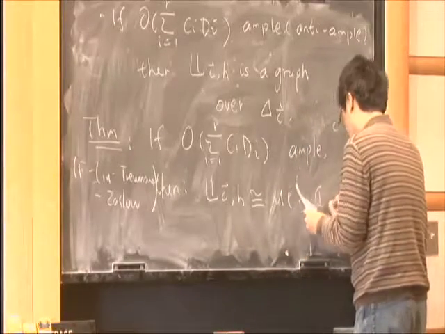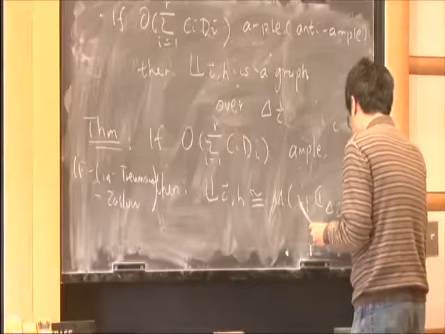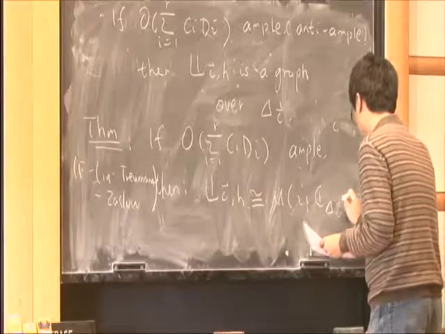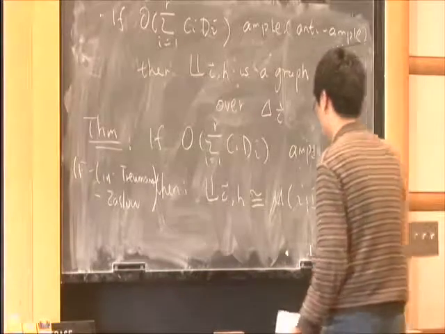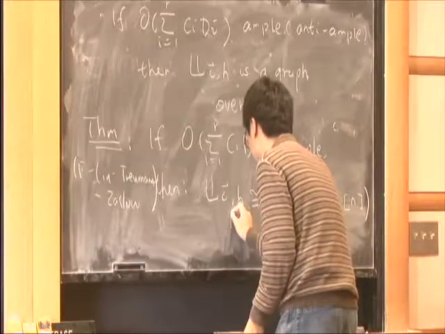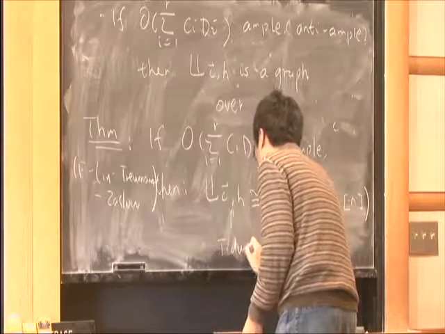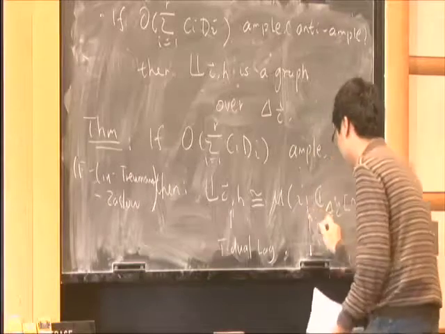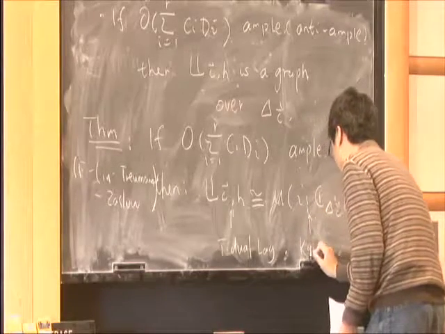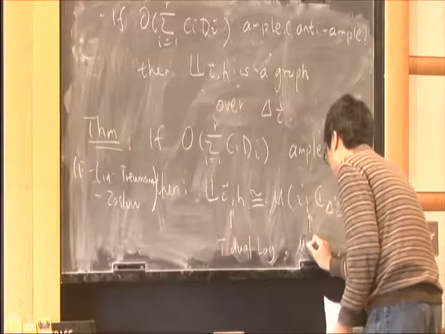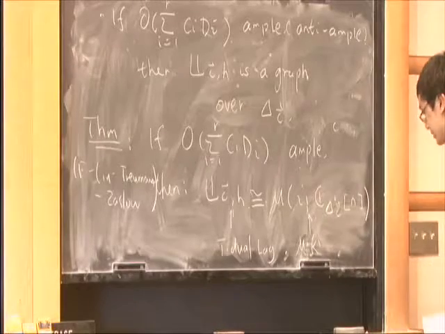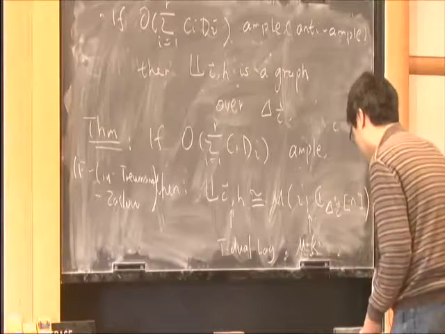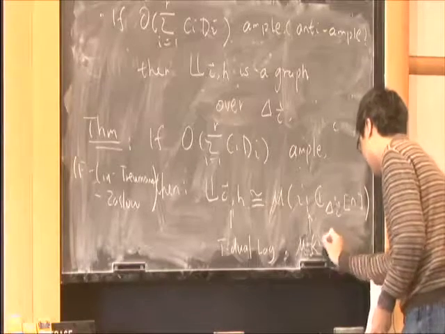So this is the T-dual Lagrangian, and this one is kappa times a composition of our coherent-constructible correspondence and this microlocal functor given by Nadler and Zaslow.